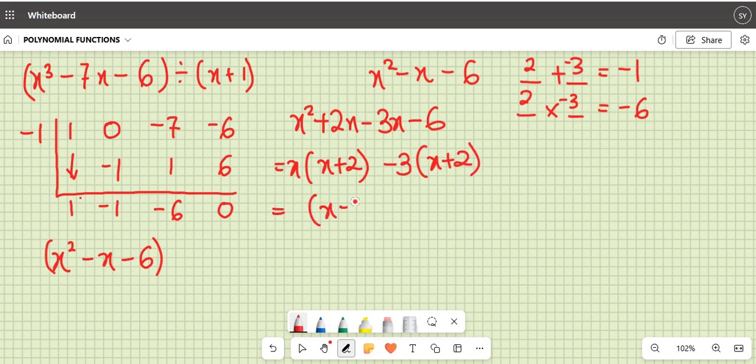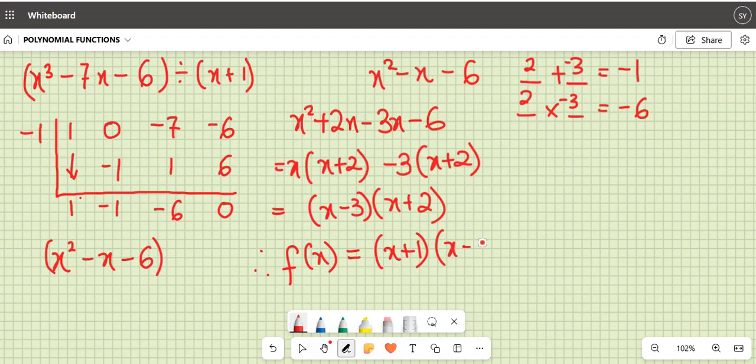This is equal to x minus 3 times x plus 2. So this is the complete factorization of the quadratic factor. Therefore, the complete factorization of f of x will be our initial x plus 1, our second x minus 3, and then the third x plus 2.